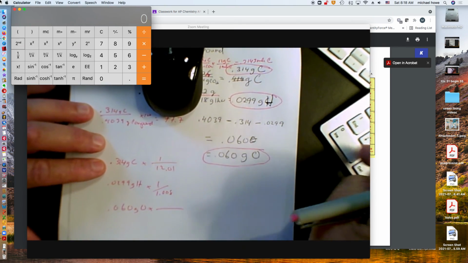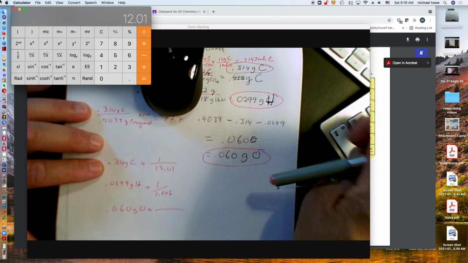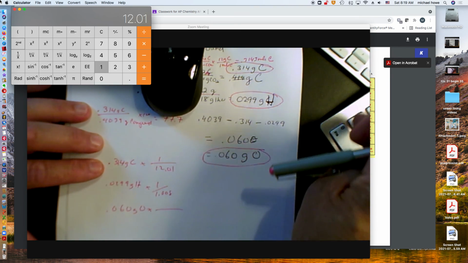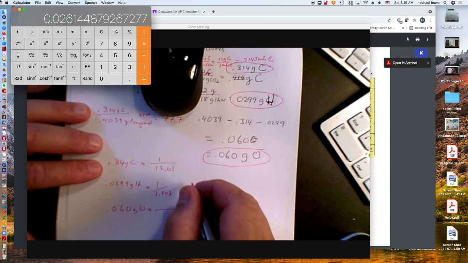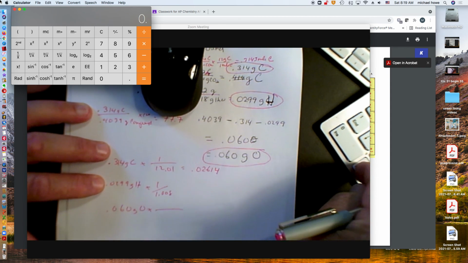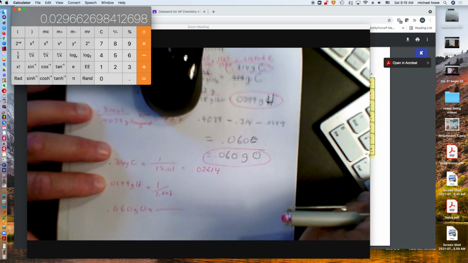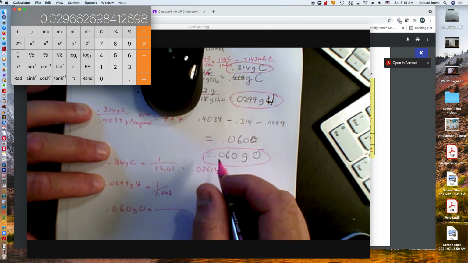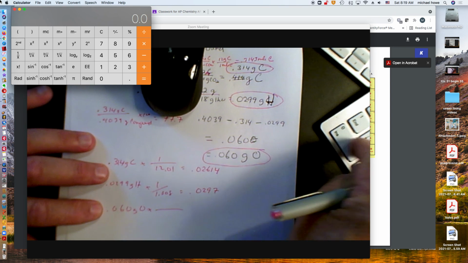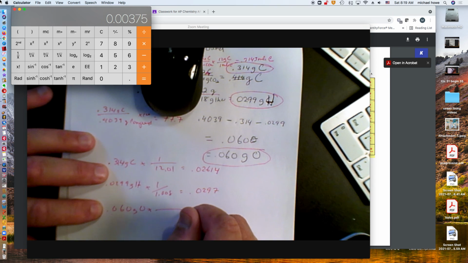All right, so 0.314 divided by 12.01, 0.026. 0.0299 divided by 1.008, 0.0297. 0.060 divided by 16, 0.00375.